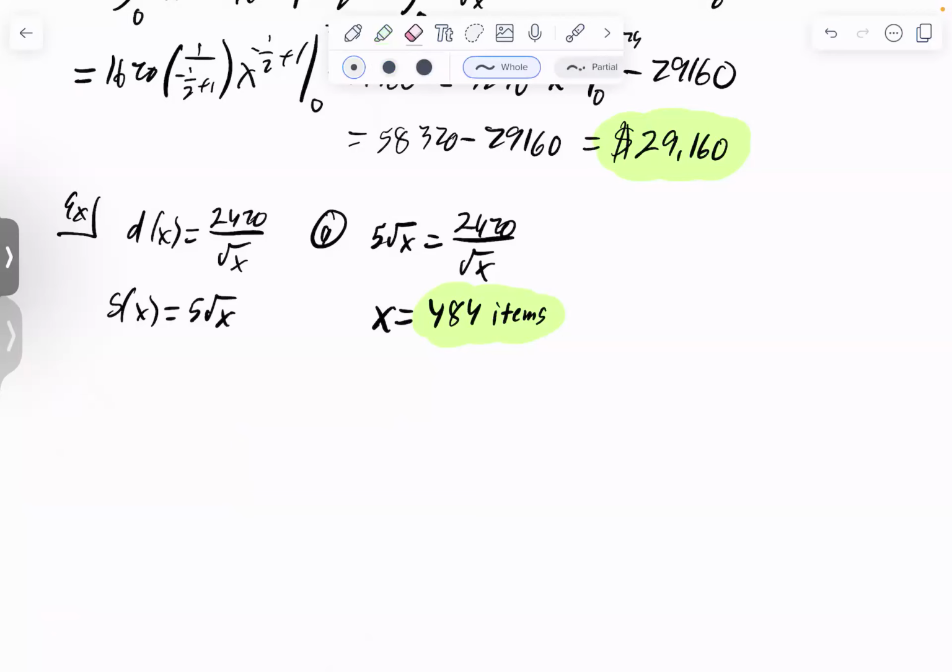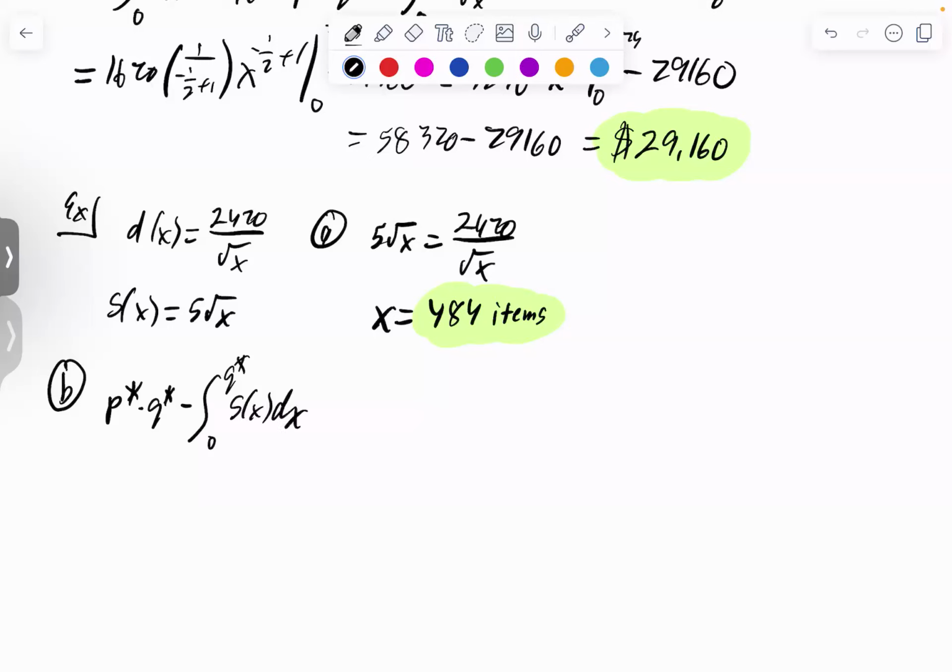So I'm going to call this part B. And producer surplus, if we go back to our formula, is P star times Q star minus the integral from 0 to Q star of S of x dx. I know on our notes it uses Q, but it all means the same thing in the end.